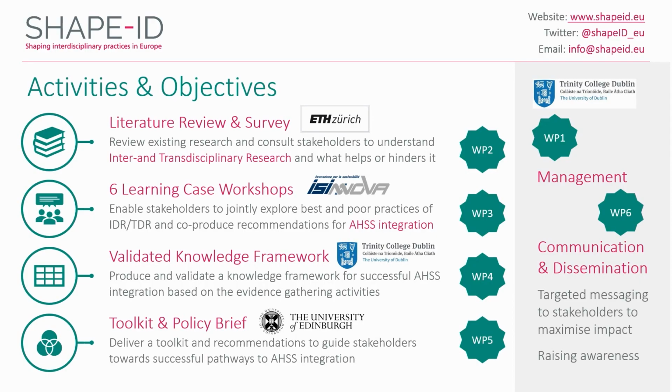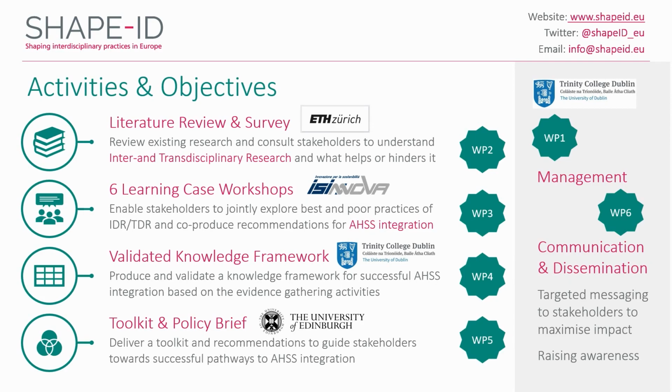So this is a really busy slide. Trying to compress a whole project into one slide is quite difficult sometimes. The Shape ID project was a coordination and support action funded by the European Commission. It finished in the autumn of 2021, and it had four main activities, work packages that you can see here.